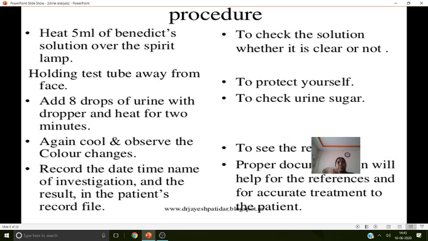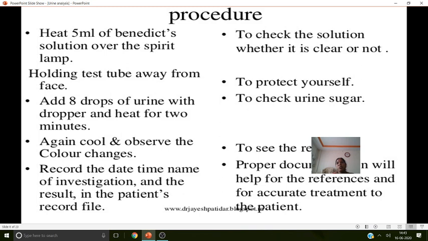So let us see the procedure to detect glucose in the urine, called the Benedict's test. Here we heat 5 ml of Benedict's solution, the blue colored solution, over a spirit lamp in a test tube.